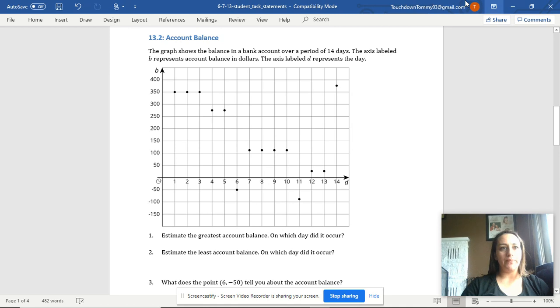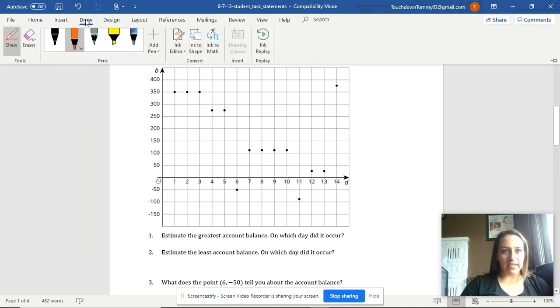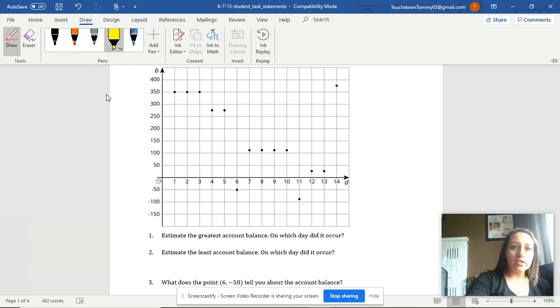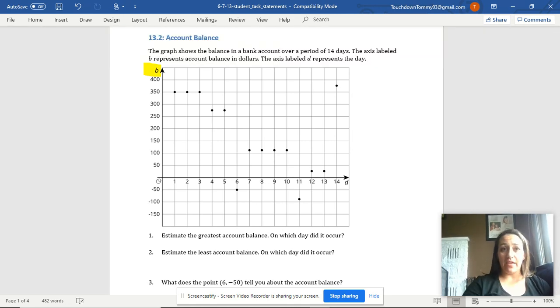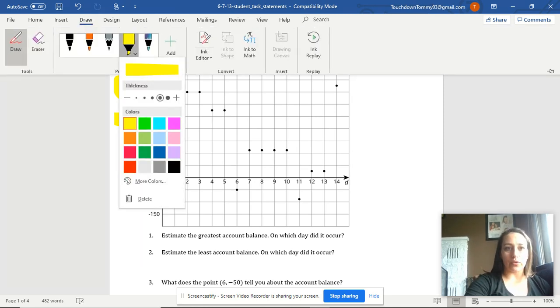So I'm going to do a couple highlight things with this just to make sure we know what's what. So where we see the letter B there, B represents the balance. So these are all dollar amounts. Ooh, that's awfully fat to make a dollar sign. And then along the other direction, maybe I'll make that a little bit thinner.